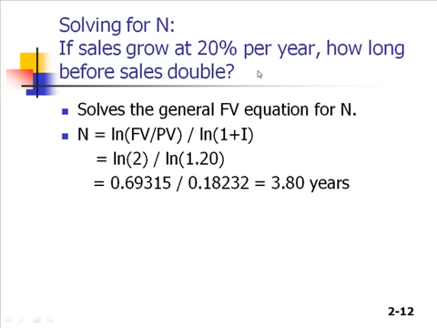So anyway, how would we solve this problem? Well, we can apply the formula. N equals the log of future value over present value. At this point some people would say, but wait, we don't know exactly what the present value and future value are. Nowhere up here did it say what the initial amount was and what the final amount is. That's true.